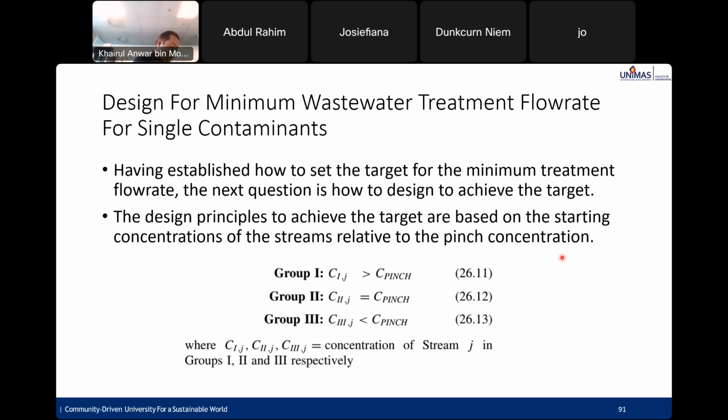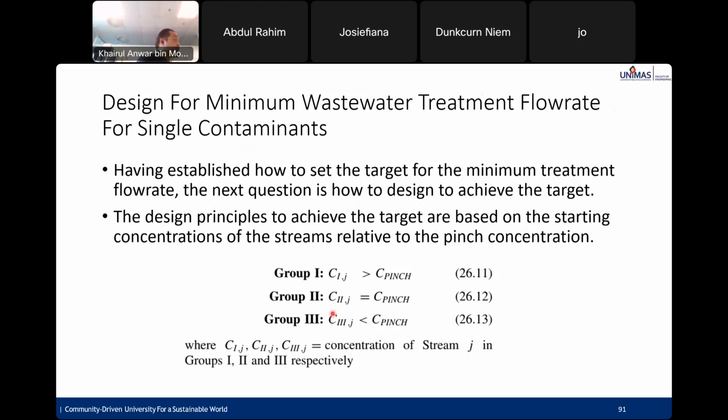in the middle of the composite curve. So the composite curve will be slightly convex. The point where the water supply line touches the composite, the tangent to the composite curve, is the pinch point.